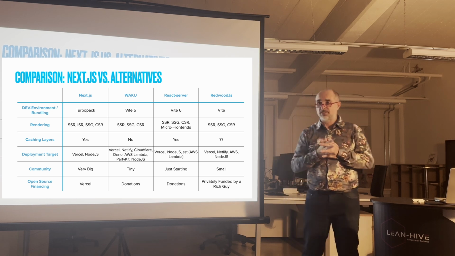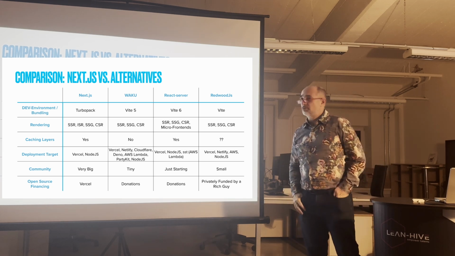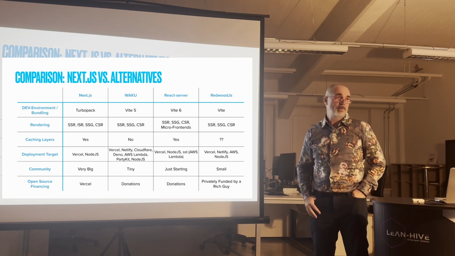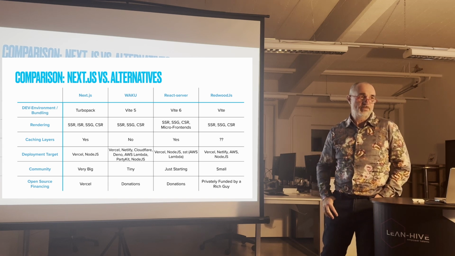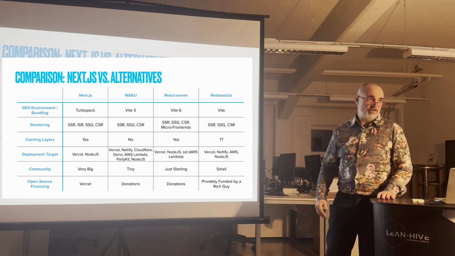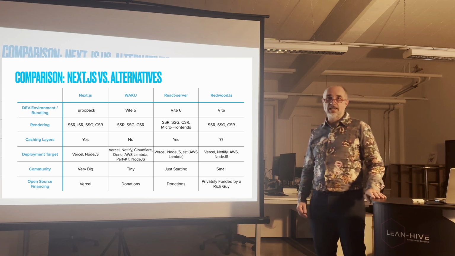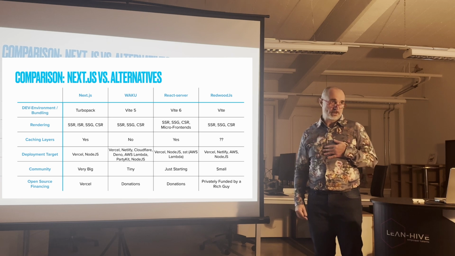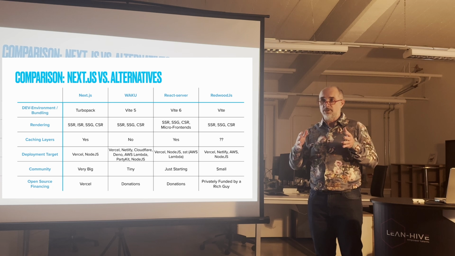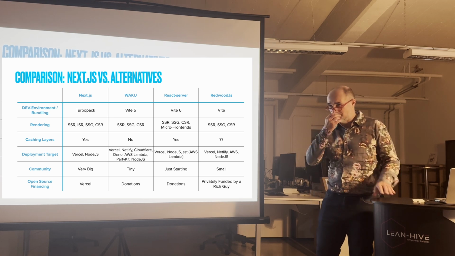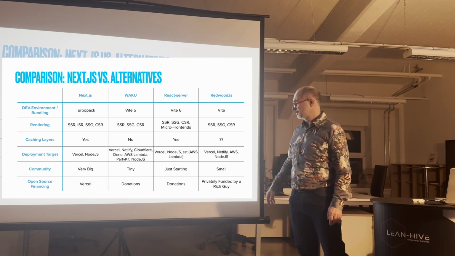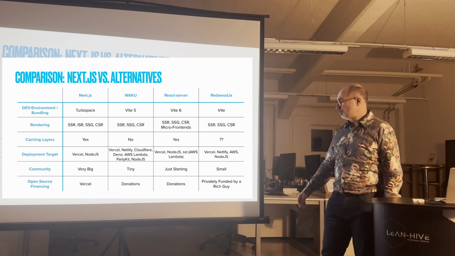So it's a very fancy way to make a frontend, but it makes a lot of sense if you have big teams who want to have independent development, and everything should come together on a React level. That's the thing, not on an HTML level, because a lot of micro frontends are based on server components or HTML components, so they can share some context, but not as easily as when they are completely React. Deployment targets we've talked about before.